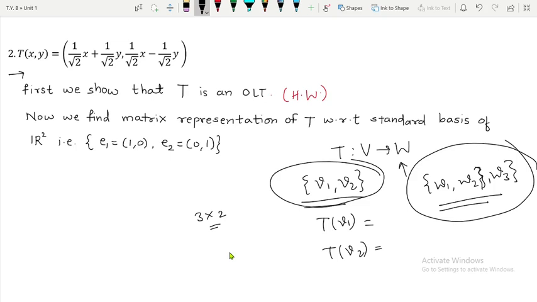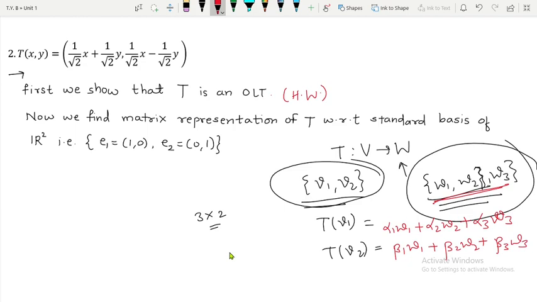So we will find T of v1 and express it as a linear combination of w1, w2 and w3. We will express T of v1 as alpha 1 w1 plus alpha 2 w2 plus alpha 3 w3, and we will express T of v2 as beta 1 w1 plus beta 2 w2 plus beta 3 w3.